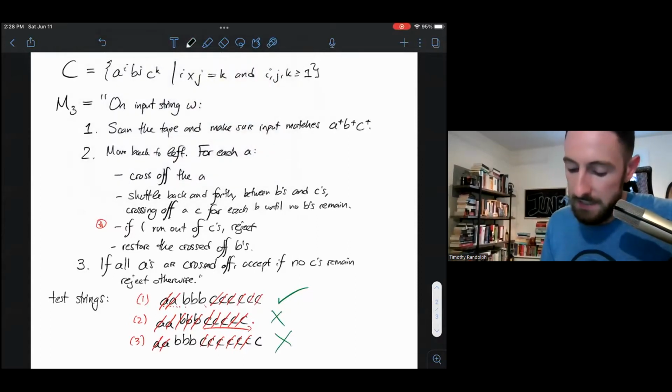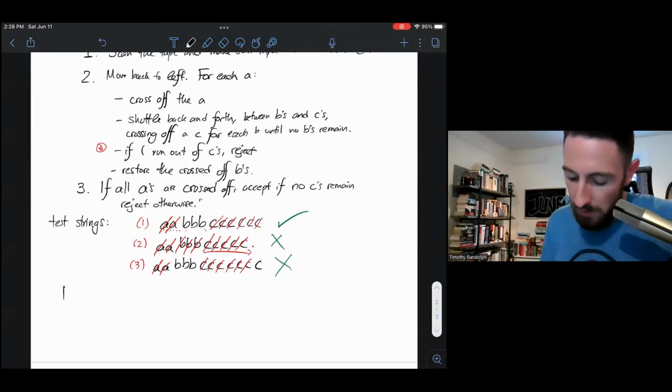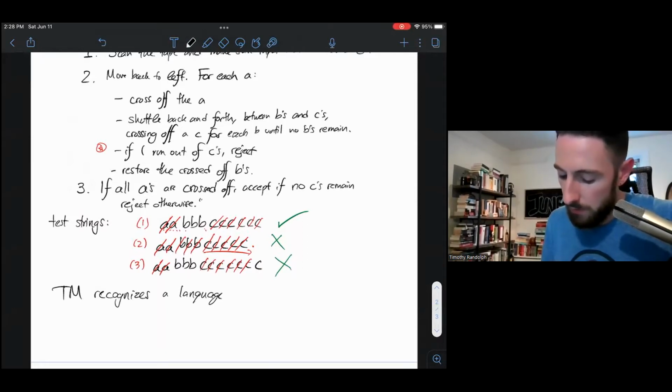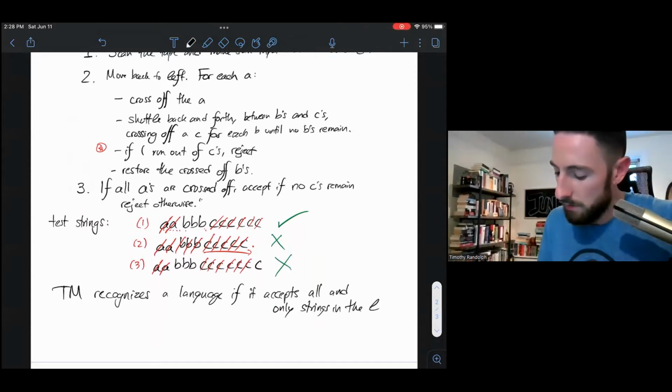That gets me to my last definition of the video. A TM recognizes a language if it accepts all and only strings in the language.